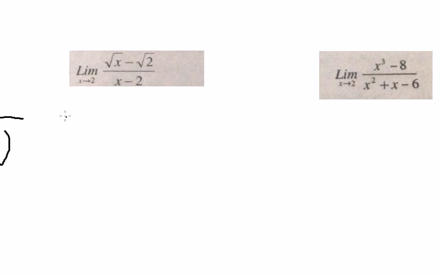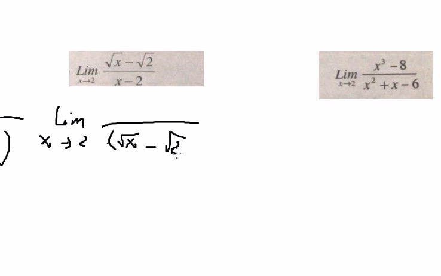Next one, in this situation we will concentrate on the denominator. So you get the square root of s minus the square root of number 2, and we get the square root of s plus the square root of number 2.